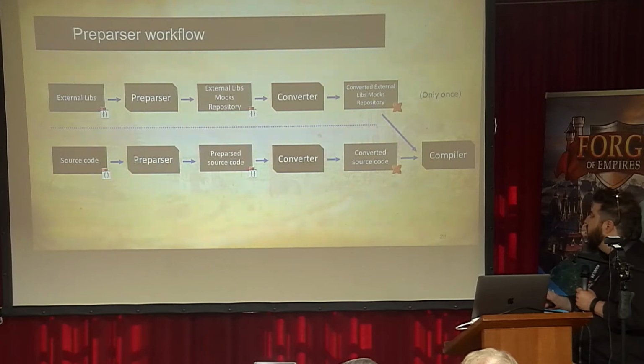So we are done with classes for now. We won't have to deal with them at this point. For the rest of the code, the only difference is this preparser step, which is basically the string replacement and stripping and things like that. And this will be our alpha workflow, the first one.